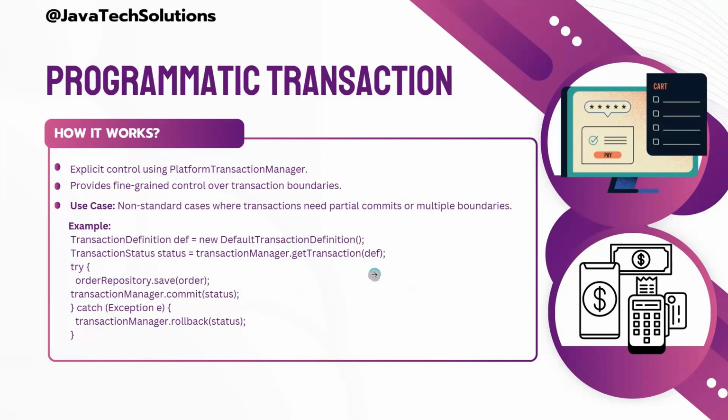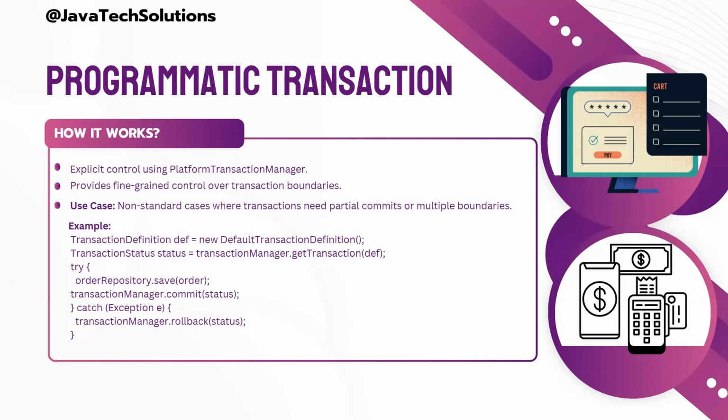If we talk about the disadvantages, obviously we need to write more boilerplate code, right? It also increases complexity, and in certain scenarios errors may come because we are handling the transaction manually. So these are the disadvantages.